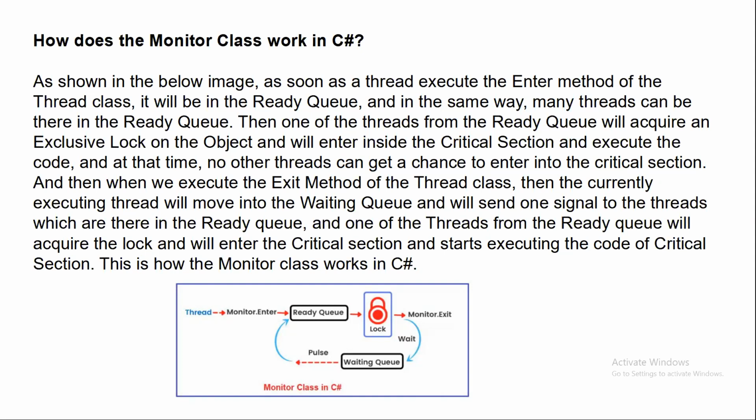Once the critical piece of code is done, we issue monitor.exit to release the lock. That way, the threads which are in the waiting queue can gain the lock on that particular piece of code. So monitor.enter, monitor.exit, and pulse and wait. This is how it works.